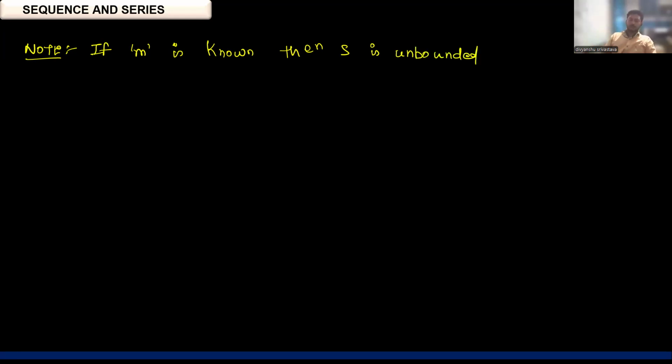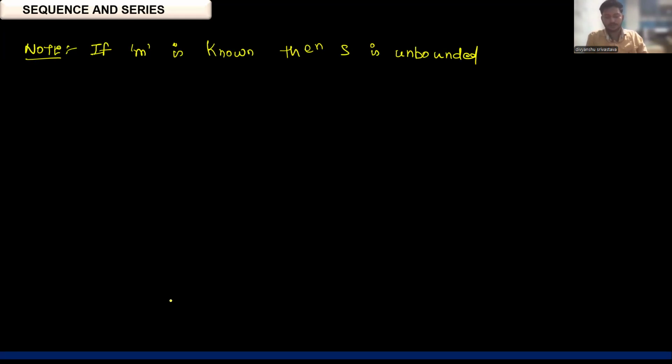Okay. If capital M is known, then what observation do you get? Sorry, here capital M is known and then S is unbounded.